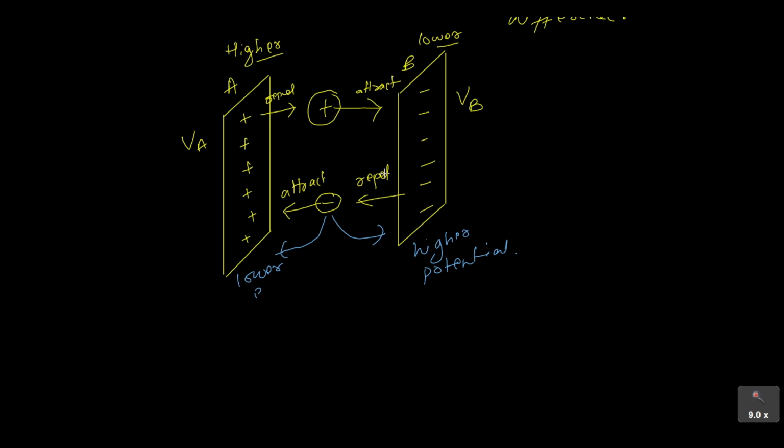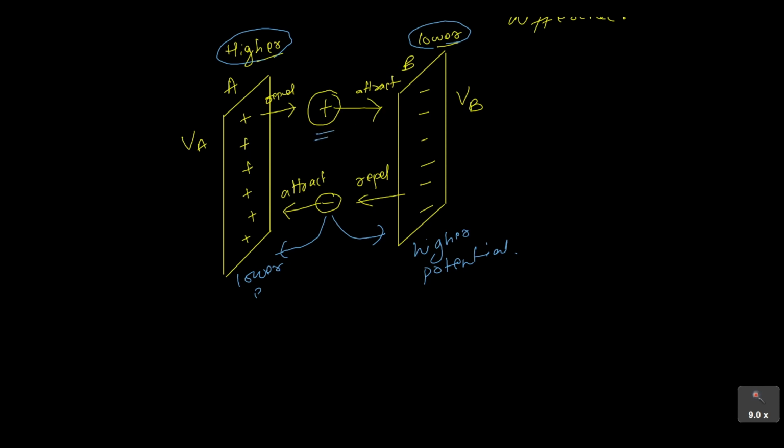So the scenario is the same, but when we take different charges, the higher and lower potentials are different. It is relative, so we cannot say directly which one is higher or lower potential without understanding with respect to what we are talking.